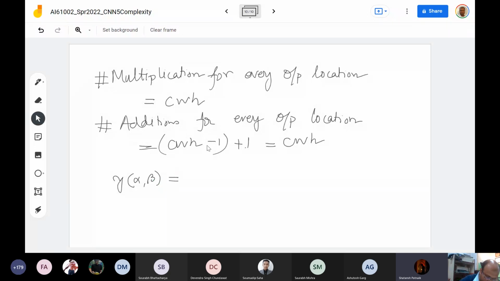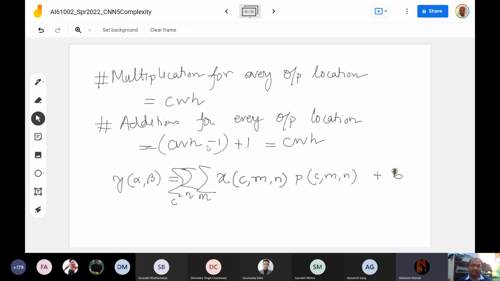This is X at location C comma M comma N times P at location C comma M comma N, and this is being summed over all M, N and C. This is what my output is supposed to look like, plus a bias.